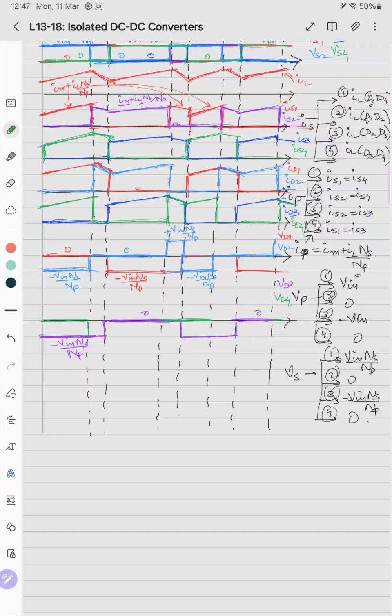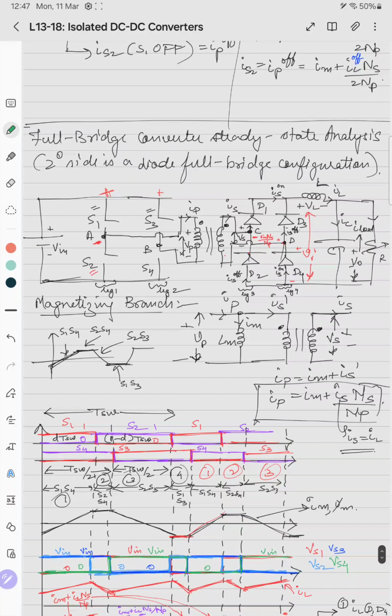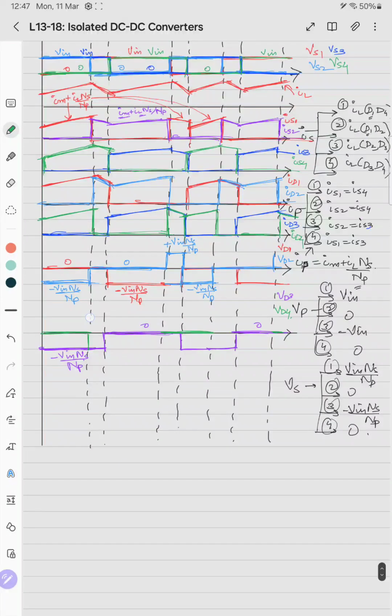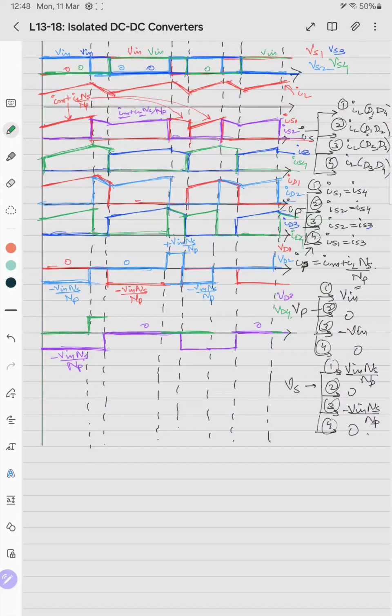In case 2, when D1 and D2 are on, it should be positive, like this, to maintain consistency. In case 3 it should be negative, and case 4 again 0.